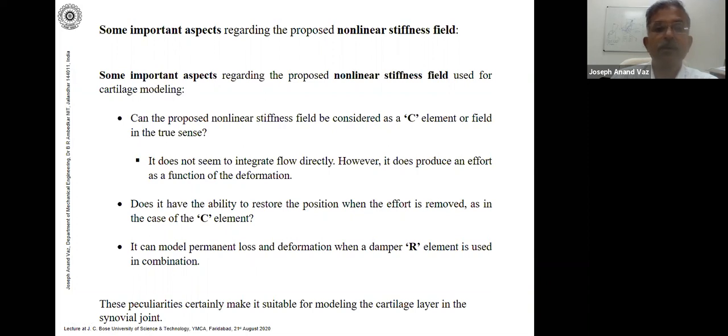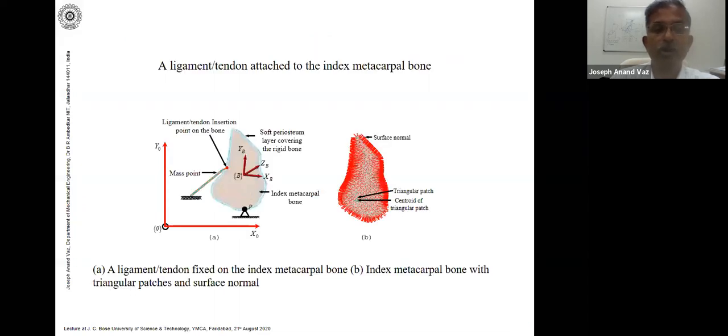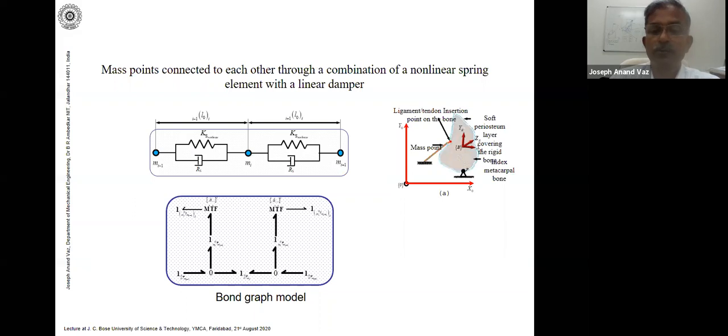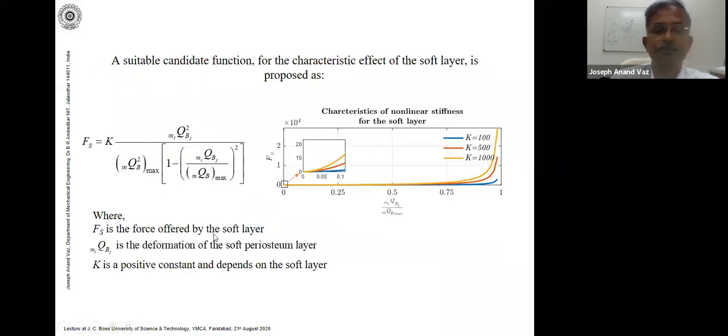So we apply this idea to several important biomechanical problems, and I'll show you a brief idea of the ligament and tendon wrapping that we have modeled and simulated. We have taken the non-linear mechanics of the tendon and the ligaments.